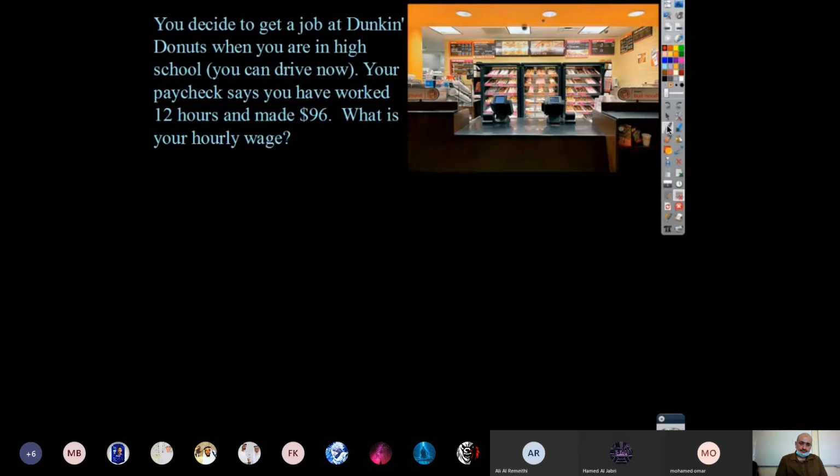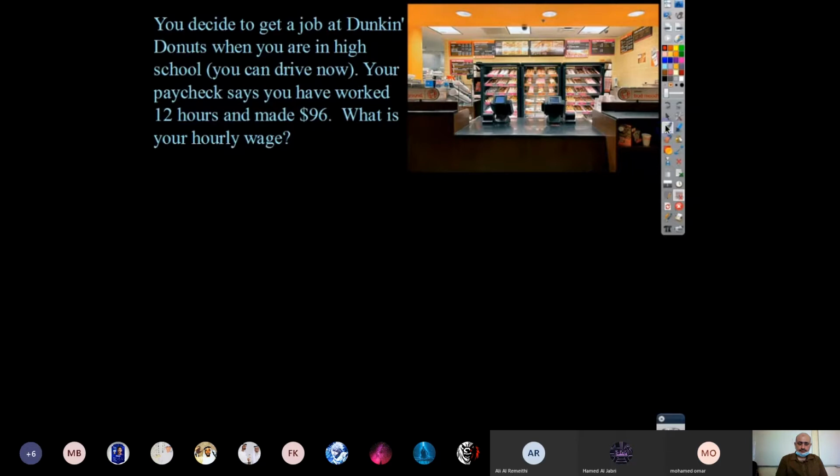Like, am I trying to find the number of dollars for each hour? Or am I trying to find the number of hours I have to work for each dollar that I make? And you could make an argument for either one of those. But in this case, hourly wage does mean a specific thing, okay? And in this case, it actually means dollars per hour.